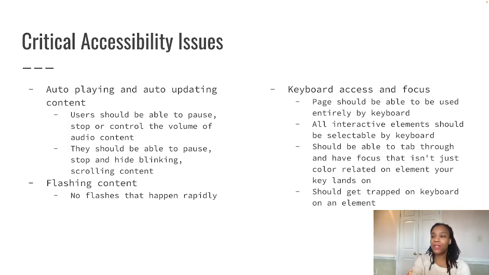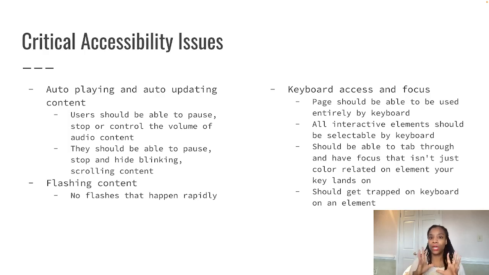Another thing to consider is when you are tabbing through or selecting things on the page, color shouldn't be the only thing that changes to tell you that you've moved to something else. The reason we want to make sure of that is because 1 in 8, or is it 1 in 12, men are colorblind.